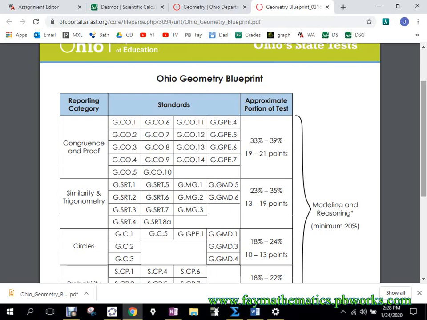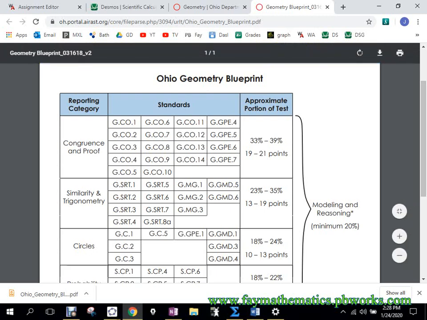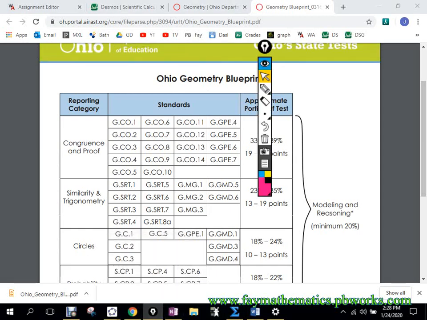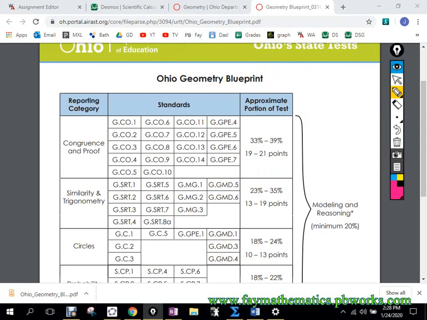And really, the only thing I want you guys to pay attention to here is these. All these codes in the middle are standards that are referenced throughout these concepts. But what I want you to look at is congruence and proof.